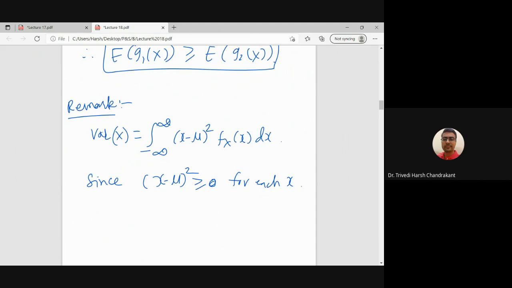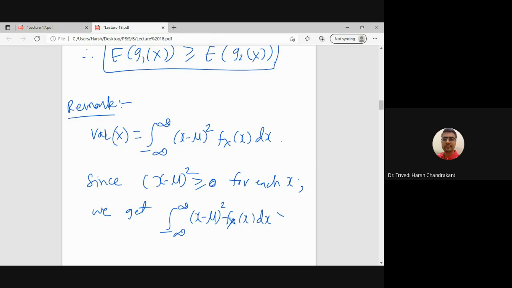Now you multiply by fx and integrate. So we get the integral of x minus mu squared fx is greater than or equal to the integral of 0, where 0 is the zero constant function, so its integral is also 0.